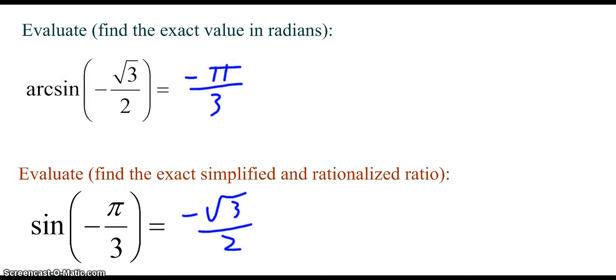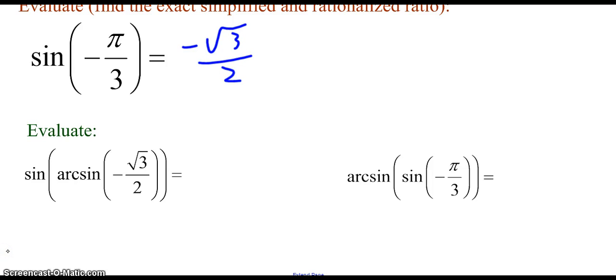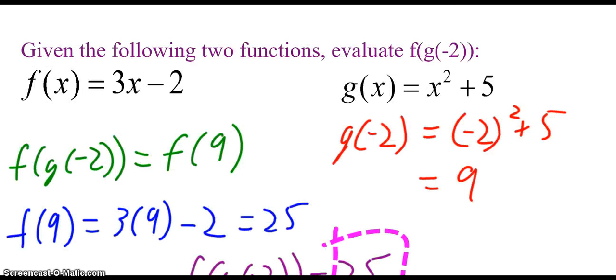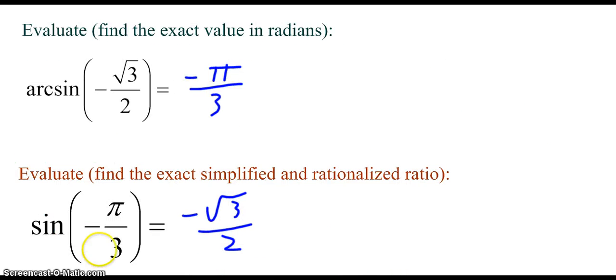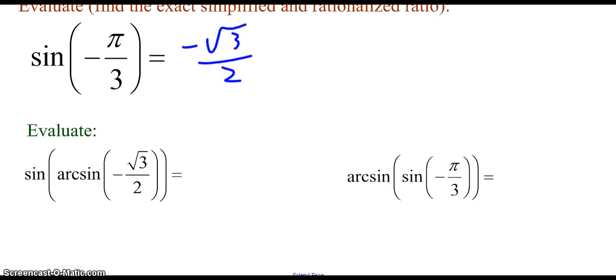Okay, so now that I have those, now I want to evaluate the composition. So if I want to evaluate the sine of the arc sine of negative root 3 over 2, we'll think about what I did on the previous problem. Evaluate the inside part first. So what is the arc sine of negative root 3 over 2?